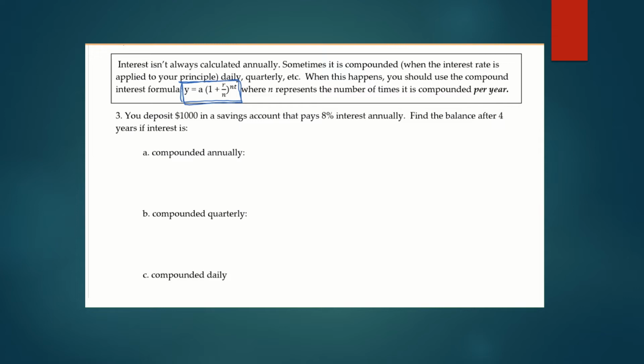So instead of having that one interest payment into your account per year, you might be receiving interest more frequently throughout the year, like I said, maybe daily or weekly or quarterly, again, quarterly 4 times a year. So you could be receiving that interest payment more frequently as opposed to just one time per year.